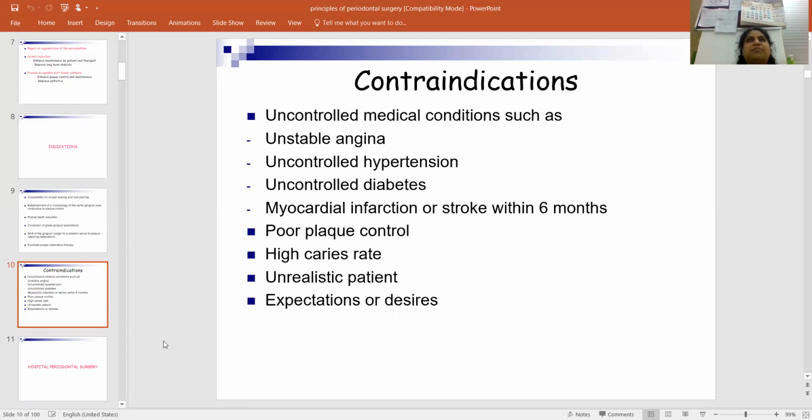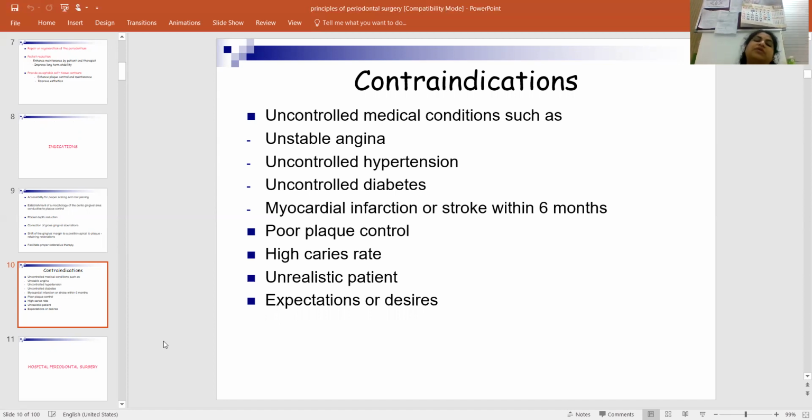Unrealistic patient means, for example, the patient has great tooth mobility and really wants the tooth to be immobile. That cannot happen, because once the periodontium is lost, we cannot regenerate it unless the defects are vertical. So you do not carry out the periodontal surgical procedure in a patient with unrealistic expectations and desires; you need to confirm what the patient wants.